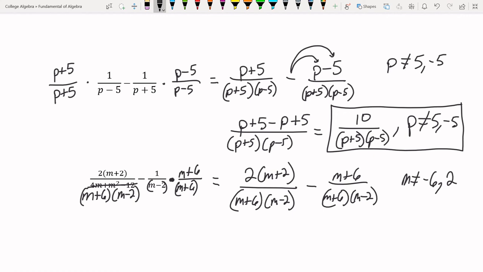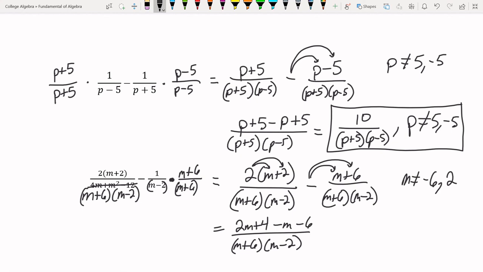Okay, subtracting the tops, I'm going to distribute this negative again. And then I'm also going to distribute this 2. It's going to be important for combining like terms. So we get 2m plus 4 minus m minus 6 over (m plus 6)(m minus 2). Combining like terms, we have m, let's see, minus 2, I think.